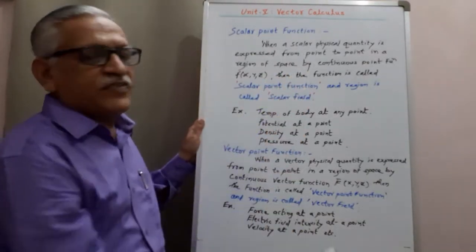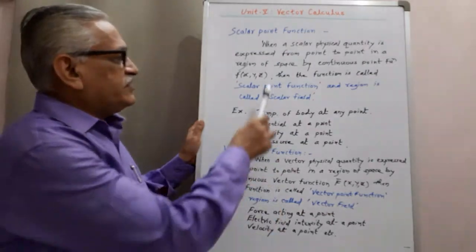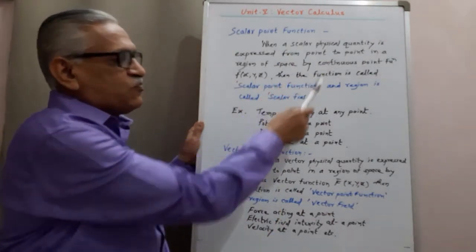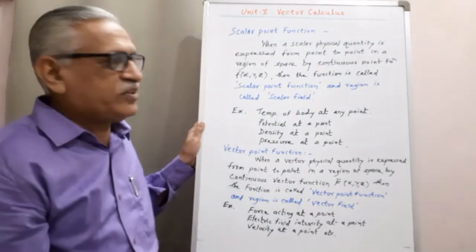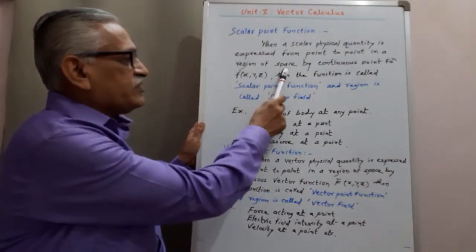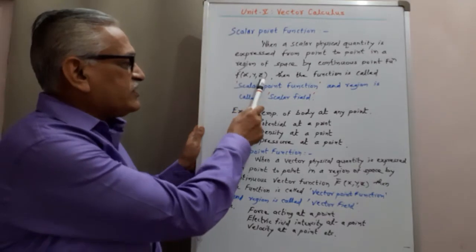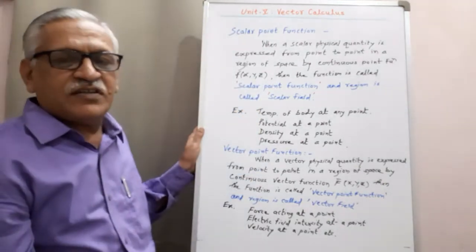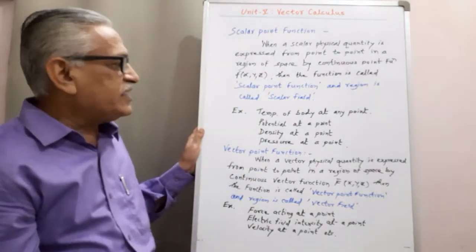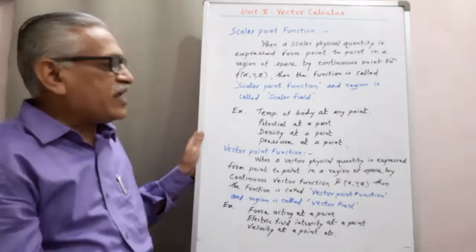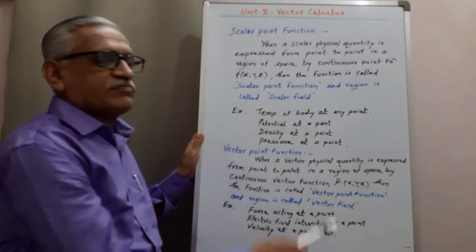When a scalar physical quantity is expressed from point to point, that word is important, point to point, in a region of space by continuous point function f of x, y, z, a function of three variables x, y, z, then the function is called a scalar point function.